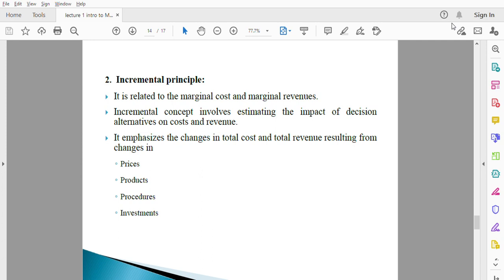Or when you plowed back the profit into the firm as extra investment, did your total revenue increase? So changes in any of these can affect the total cost and total revenue. Incremental talks about the extra revenue or extra cost incurred, remember.